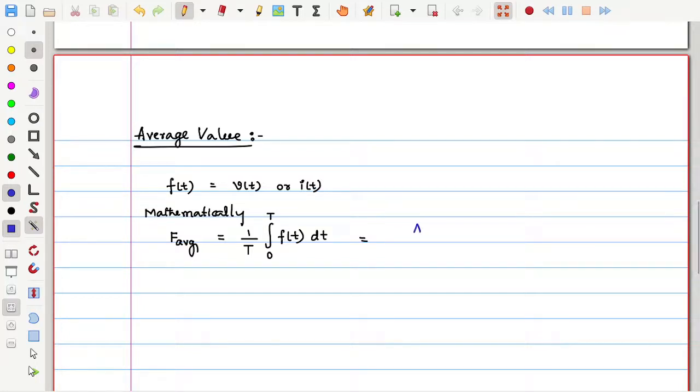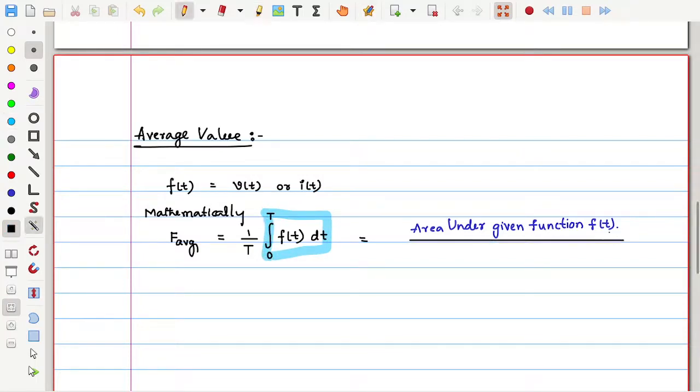So the area under the given function f of t is represented by this integral, which is then divided by the time period over which this function is spread.